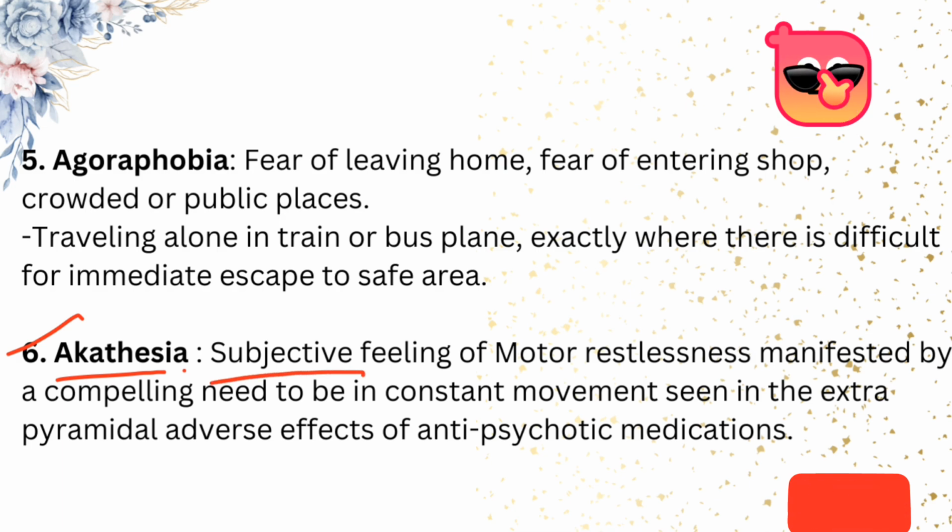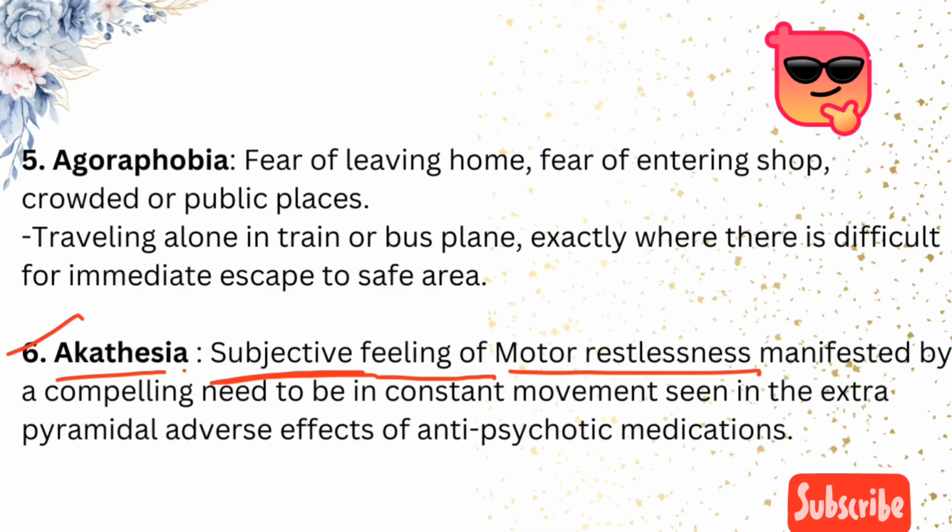What is subjective and objective? Subjective is what the person feels by itself, and objective is when another person can observe the patient's signs and symptoms. So akathisia is subjective feeling of motor restlessness which is manifested by a compelling need to be in constant movement.